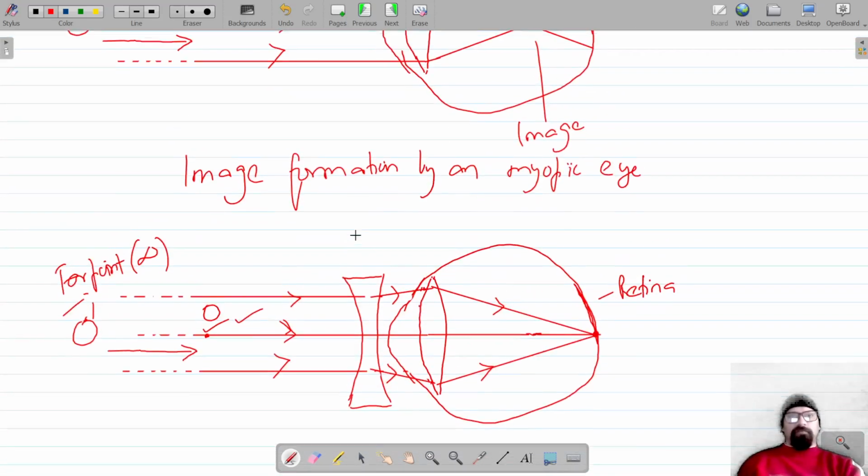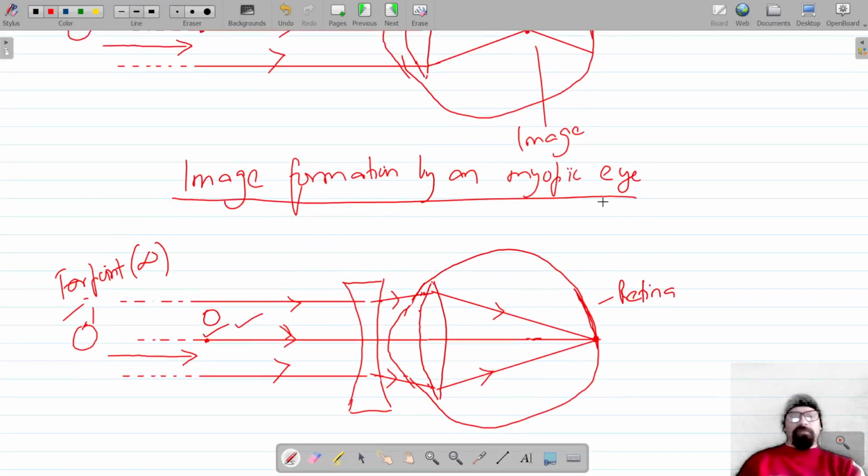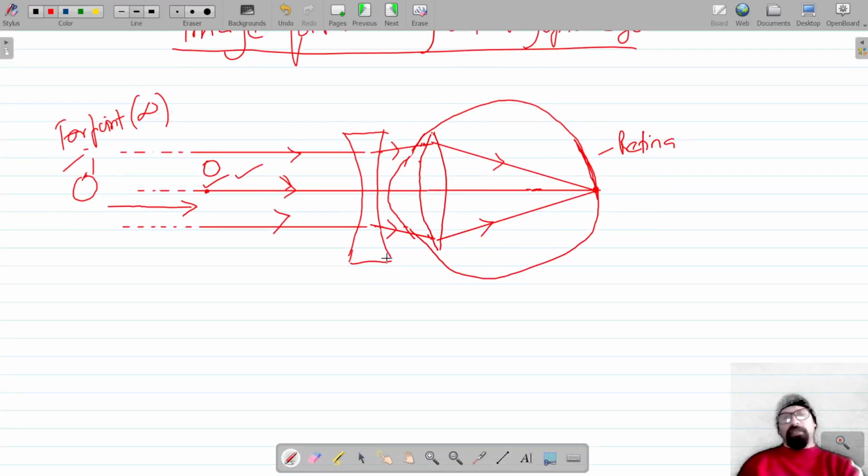Okay, so this was the image formation by a myopic eye, and this is the correction of myopia.